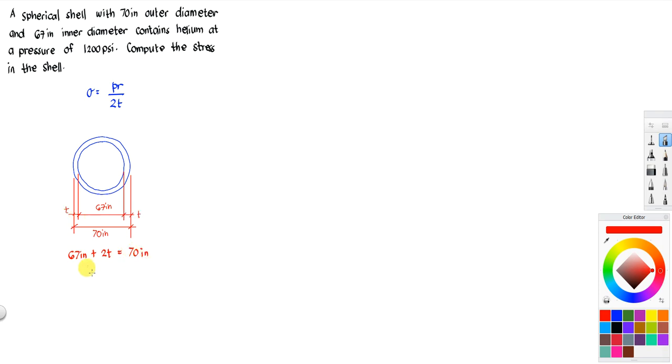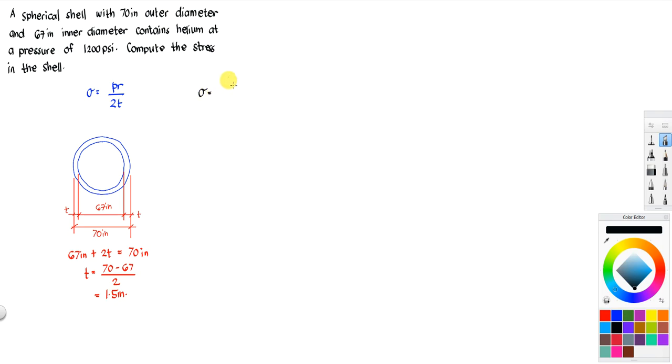So we can solve for T, which is 70 minus 67 divided by 2, so we can have it as 1.5 inches.